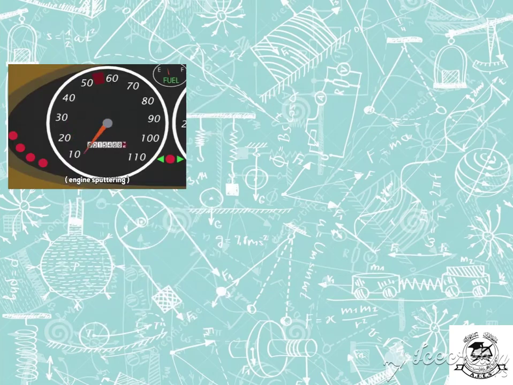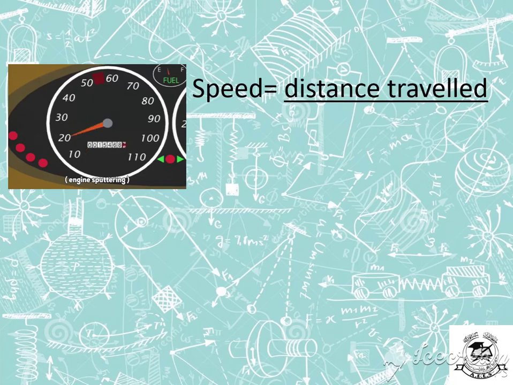The speedometer of my car shows the distance I traveled in the time which is taken. So that's my speed. The speed is a scalar quantity and it is represented as v, which is equal to capital S, distance, divided by time, t.